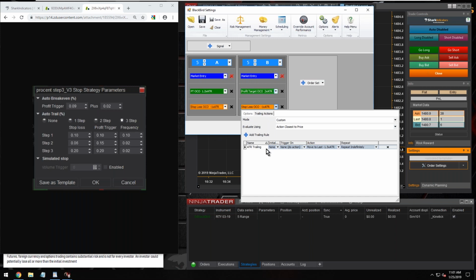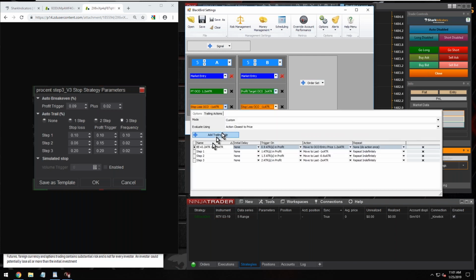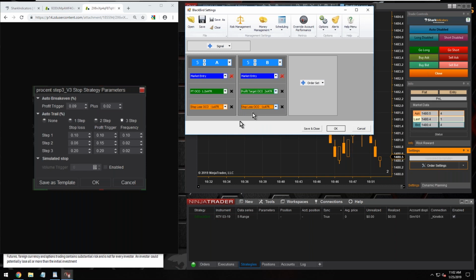So you have 2 options. You can recreate all the trailing rules again, just like we did for the first stop loss. We could just set them up again.